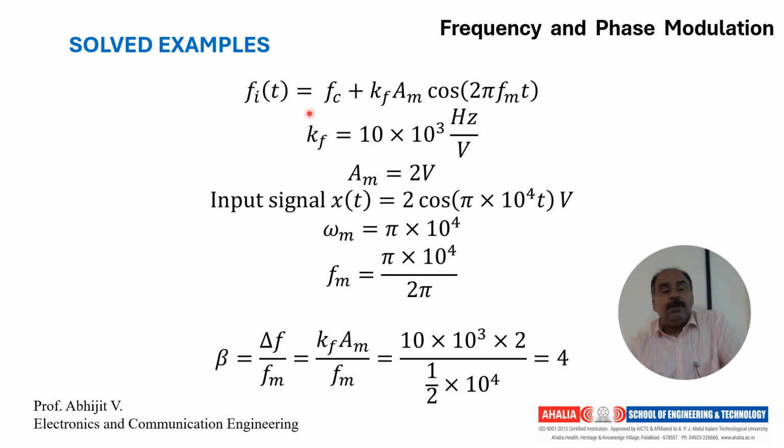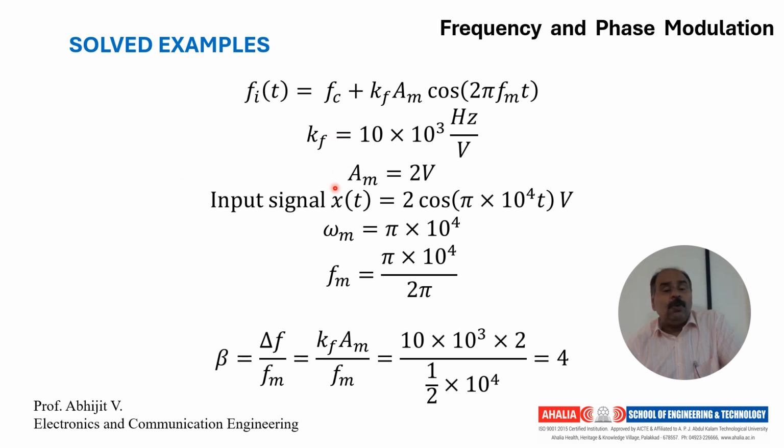So the output instantaneous frequency is given by fc plus Kf Am cos 2 pi fm t. Kf is already given in your question.